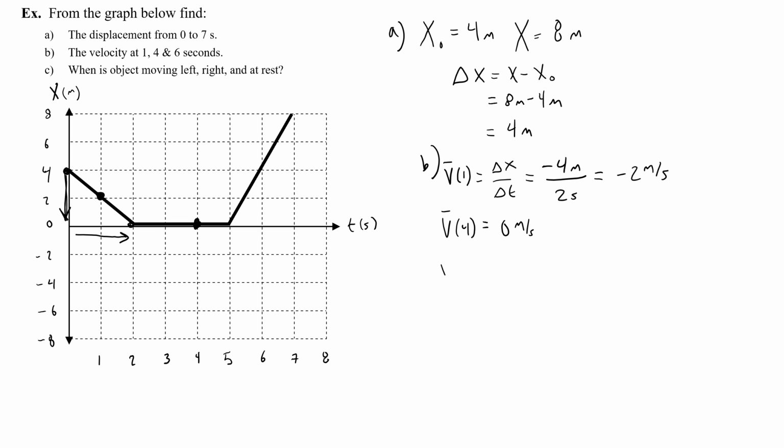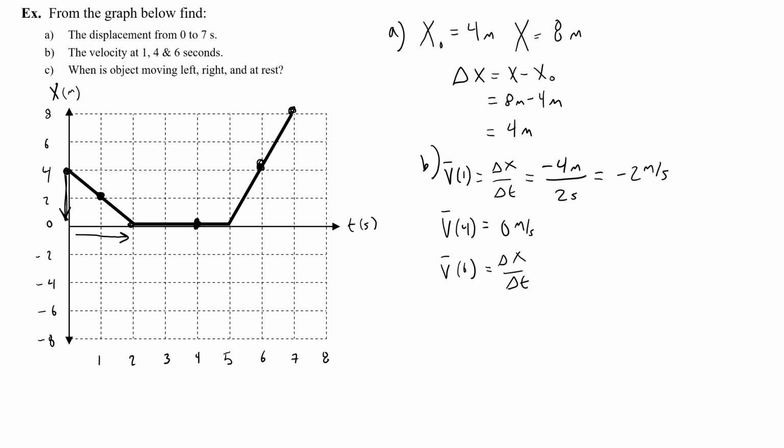And then for 6 seconds, right here, we just need to find the slope of this line. So we can pick any 2 points and use that as our delta x and our delta t. So maybe I'll just, because it's easy, do from here to here.